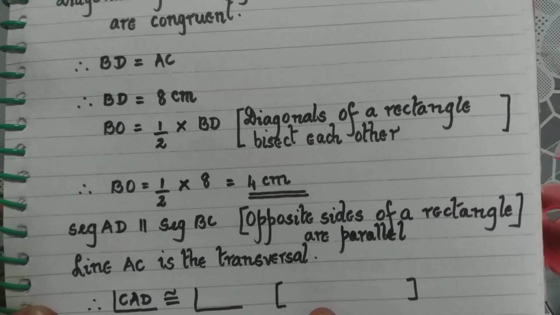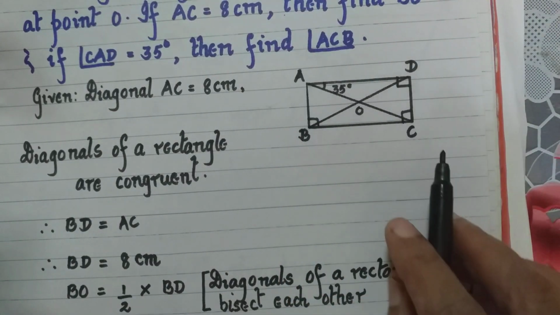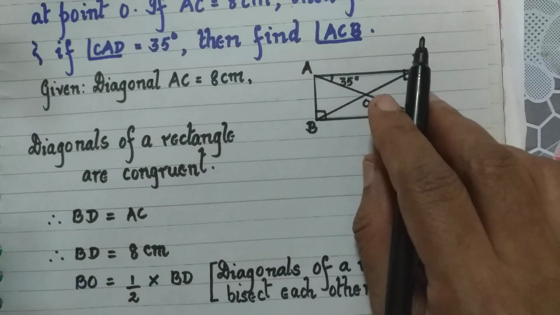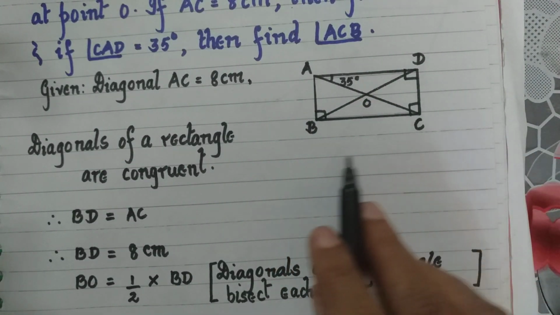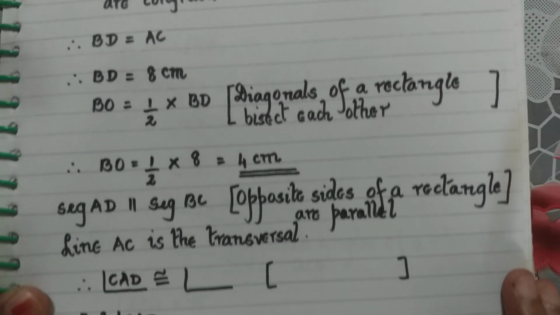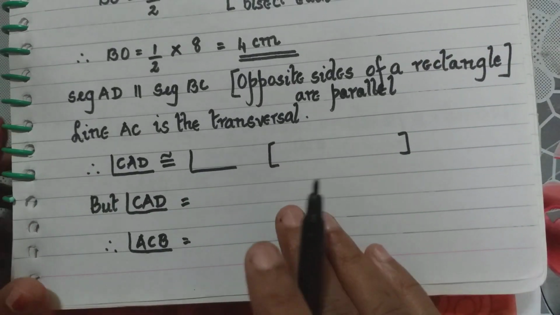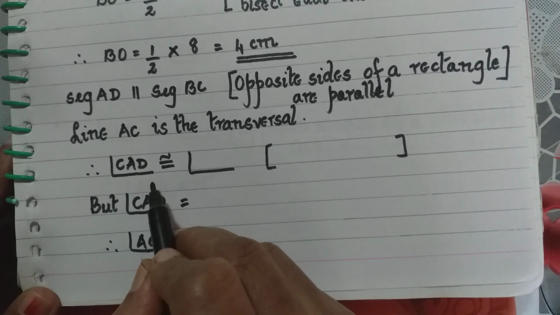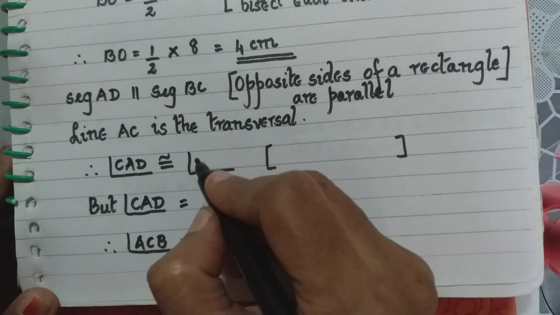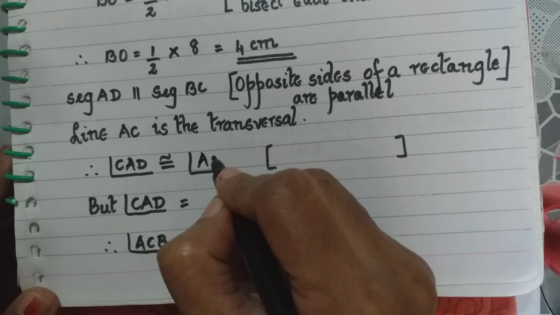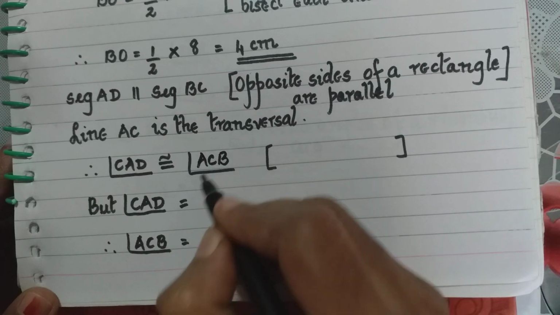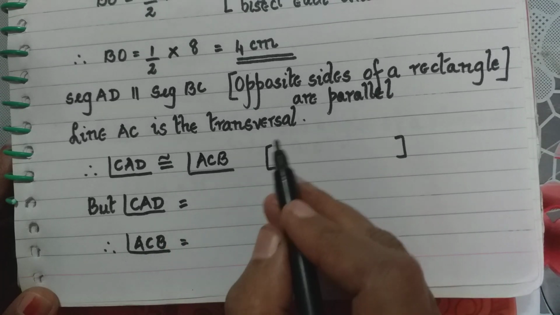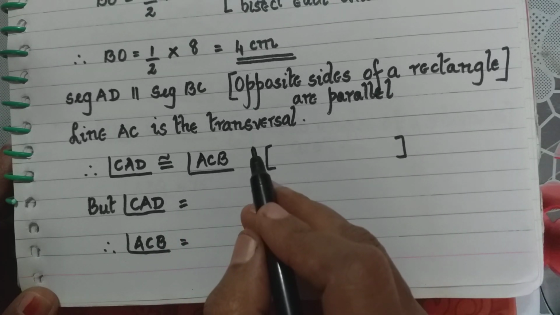And also I showed you just now that AC behaves as the transversal. Therefore, angle CAD is equal to angle BCA or ACB. So we write angle CAD congruent to angle ACB. What type of angles are they, we saw? They were on either side of the diagonal.